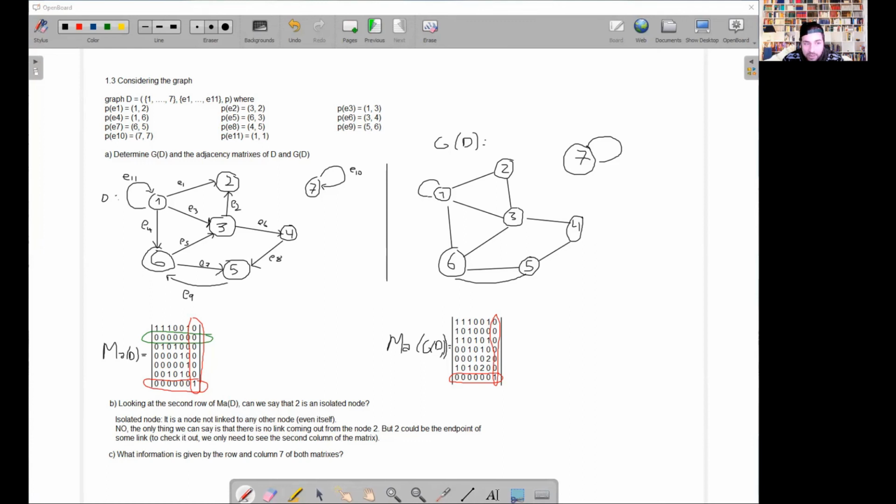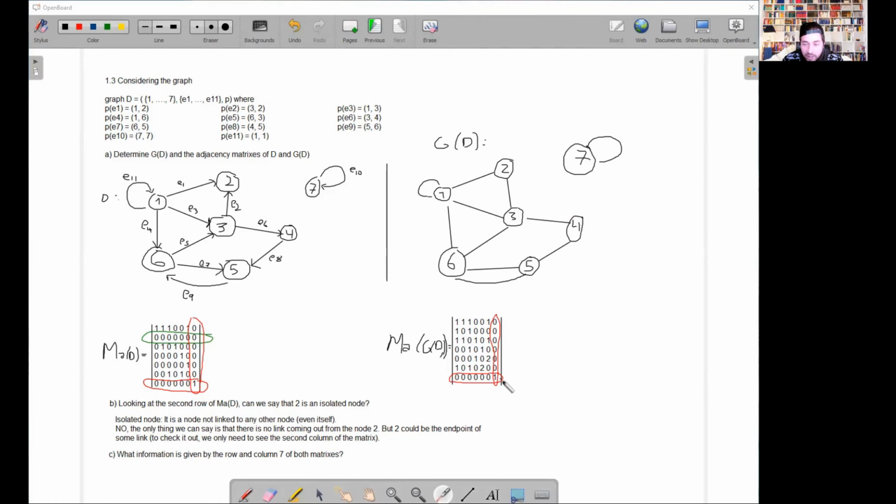So the information that is given is that on the 7th node, we have a 1 on the diagonal, right? On the position 7, 7 of both matrices. That means that the only link that is coming out of 7 is a loop, right?